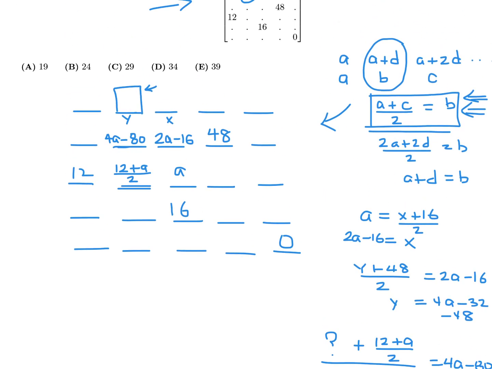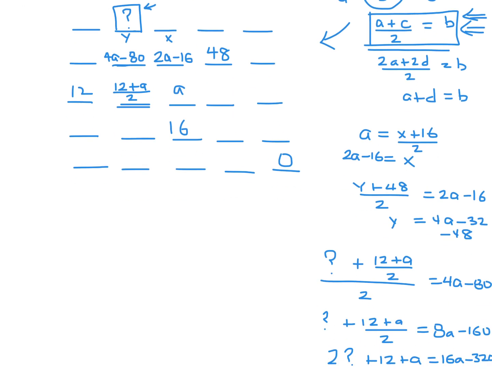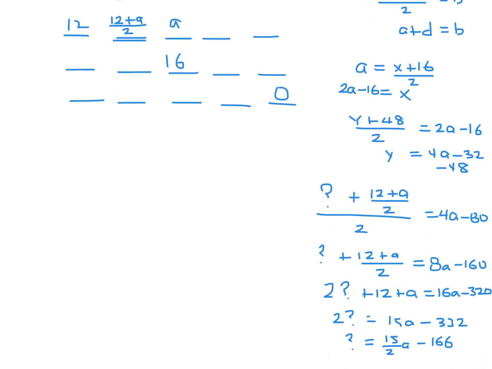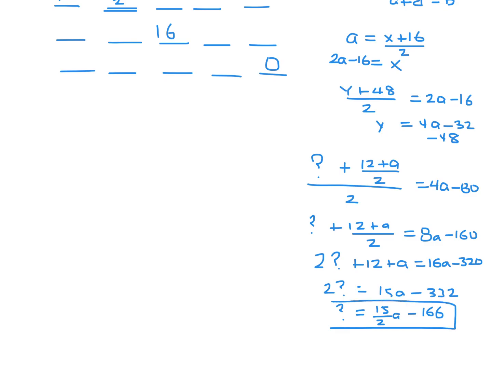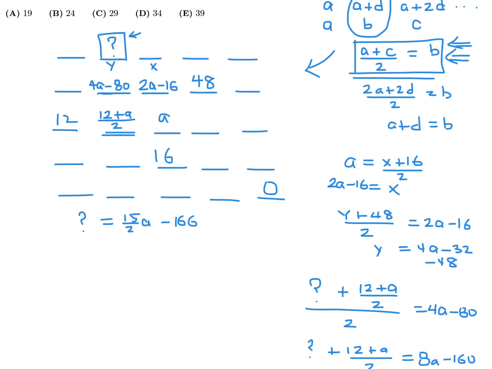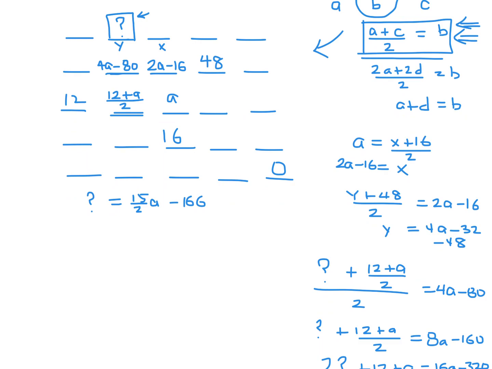Oh boy, I don't think I can fit this in. We'll just put question mark here, and the question mark is down here. What was it? This guy right here. So it was 15 over 2 a minus 166. Okay. All right. Now, what's the last step here?